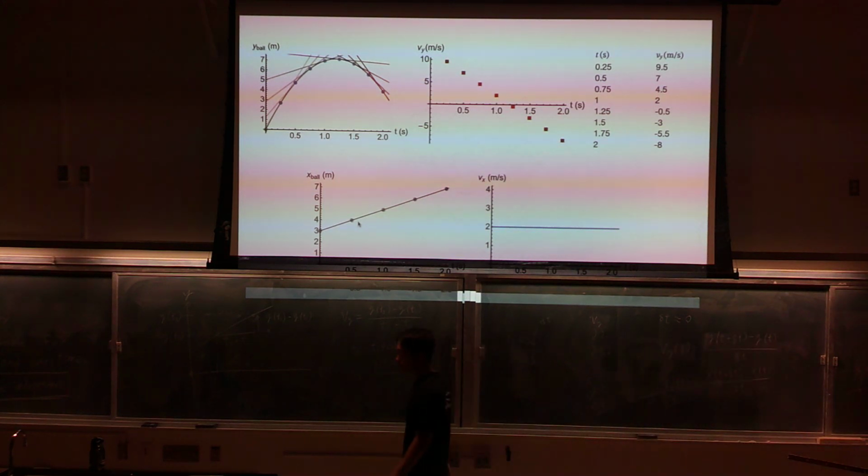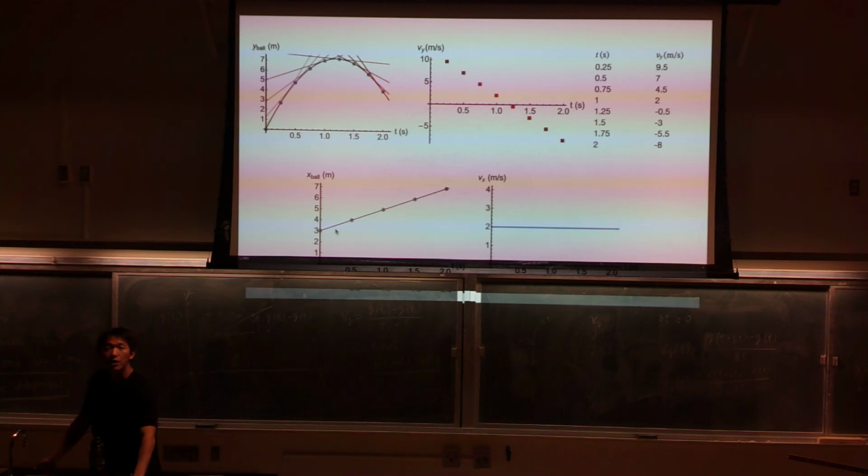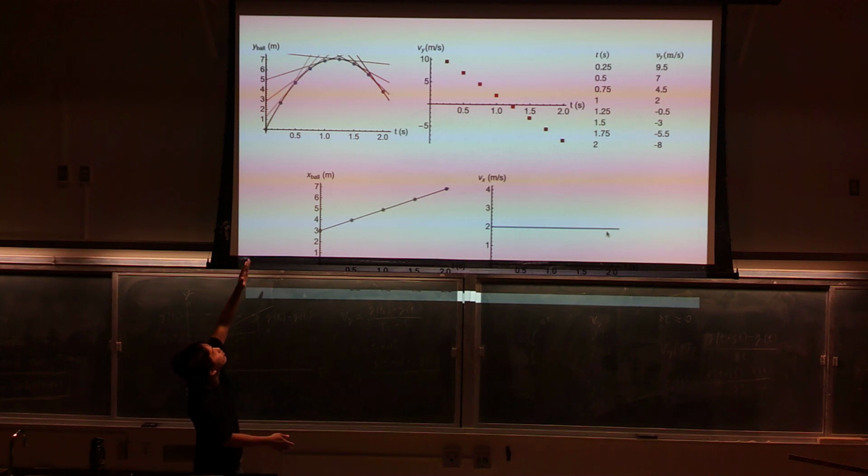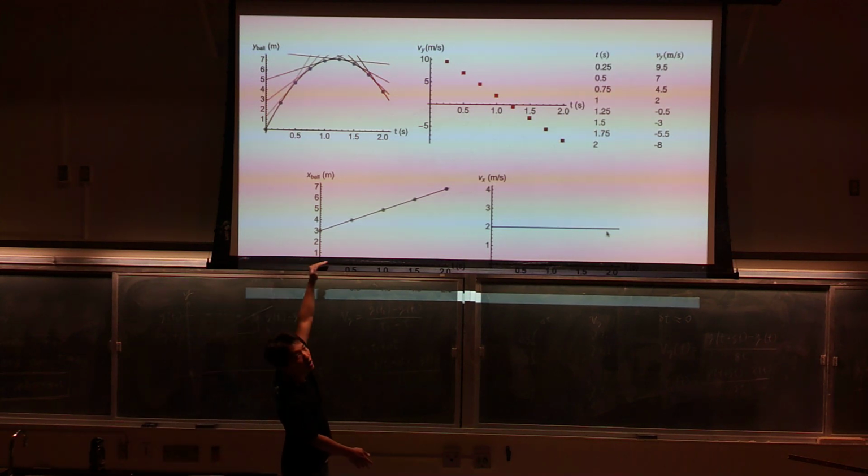So if you look at the Vxt graph for this ball, it's going to be a constant value too for all time. And if you try to plot the tangent lines like the yt graph, all the tangent lines will just overlap with this xt graph, because it's a straight line, and the tangent line of a straight line is the straight line. Okay.